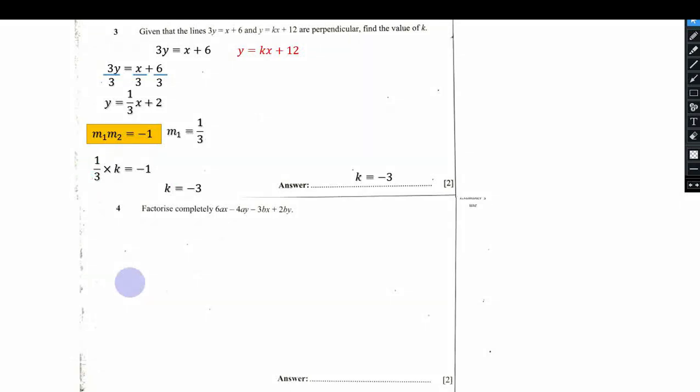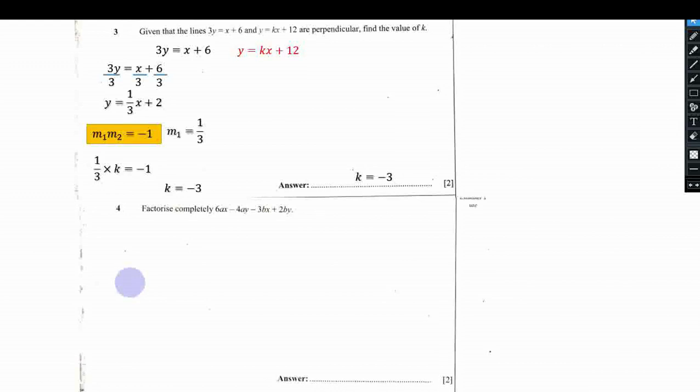We proceed to question number 4. Factorize completely 6ax minus 4ay minus 3bx plus 2by. To factorize completely, remember, if we have more than 3 terms, it means we need to group.